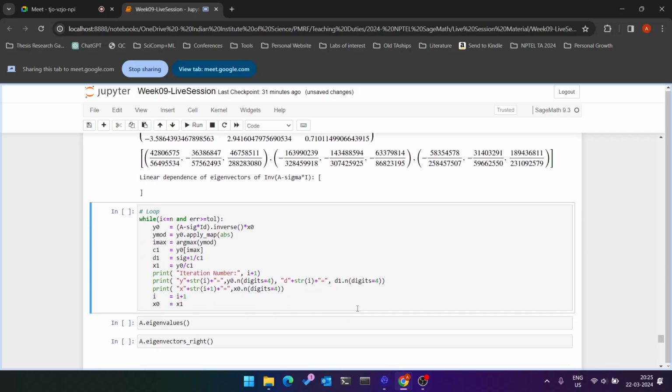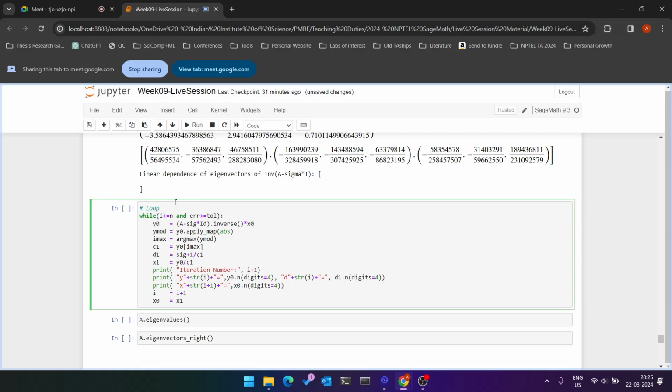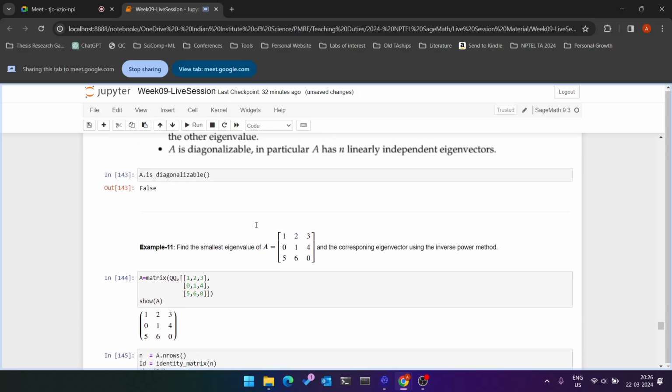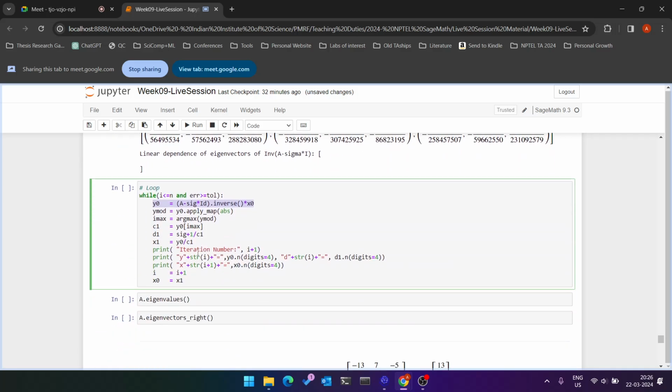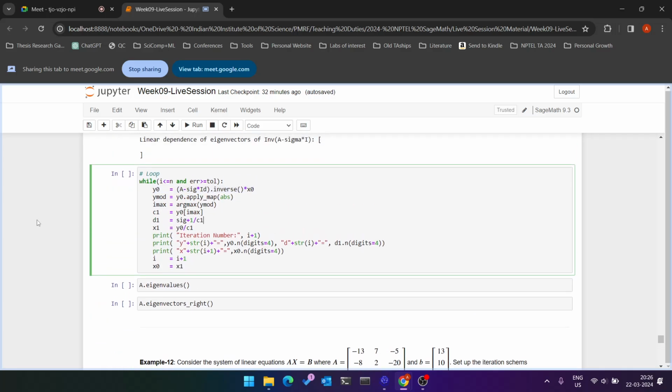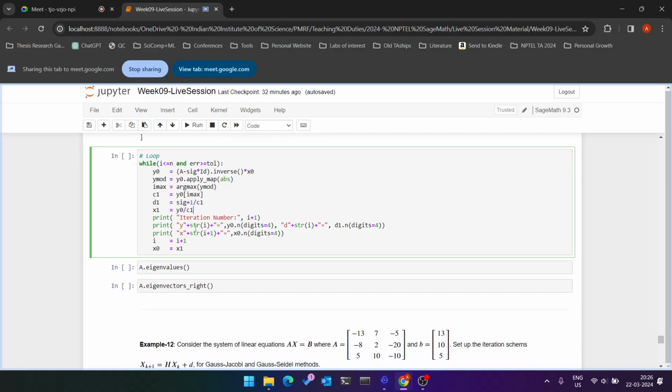So once this condition has been satisfied, we run it through a loop. Again, the same thing, A minus sigma I whole inverse into x0. You can see that this expression y0 is A minus sigma I whole inverse into x0, similar to y0 is A times x0, which we had written. So that is why the insistence on checking what happens to the inverse of A minus sigma I. Then we just do the same thing wherein we scale down to 1, print the values and so on so forth.